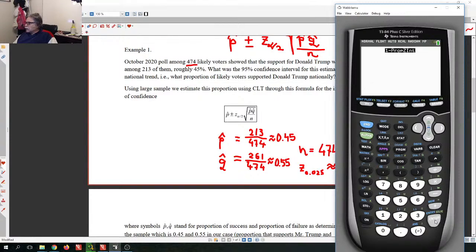And then you click on that. It will ask you, in this example number 1, how many successes you have in your polling, and in polling we had 213, the people that were telling us that they will support the Trump presidency. And then how many you have in your sample, 474.